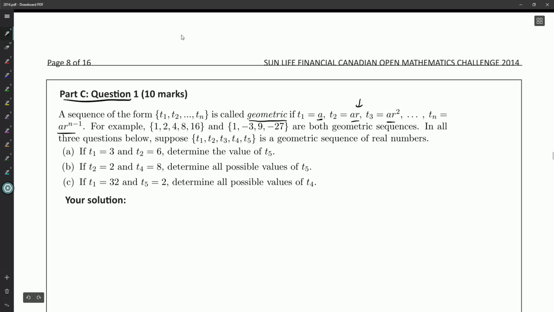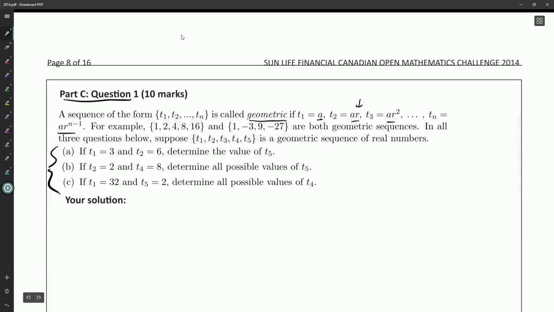In all three questions below, suppose that T1 through T5 is a geometric sequence of real numbers. Okay. So A part, if T1 is equal to 3 and T2 is equal to 6, determine the value of T5. Well, all you need is two terms, and you should be able to figure out the common ratio.